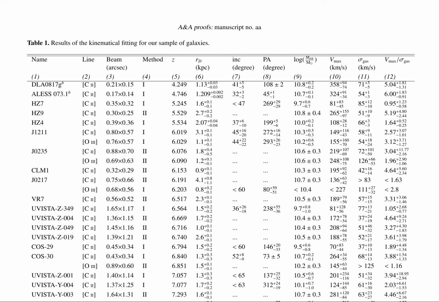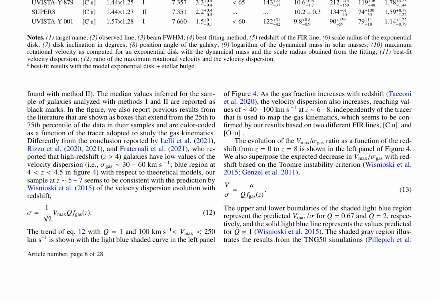However, the rotation to random motion ratios are lower on average compared to local galaxies and dusty massive galaxies at z greater than 4. The authors also investigate the evolution of velocity dispersion and the Vmax/σ velocity dispersion ratio with redshift, comparing their results with previous studies and theoretical predictions.